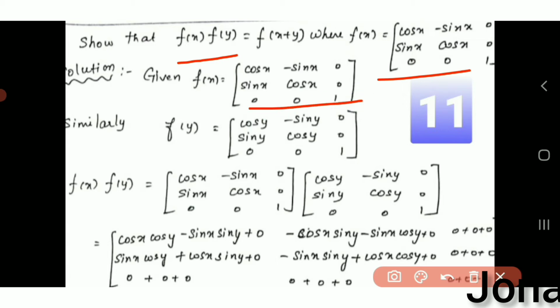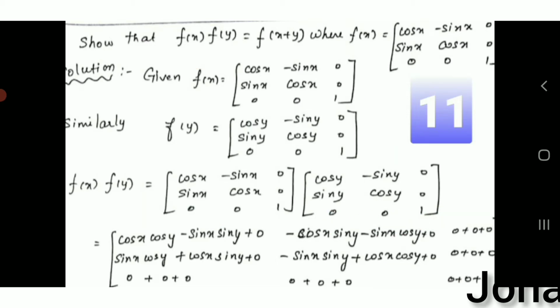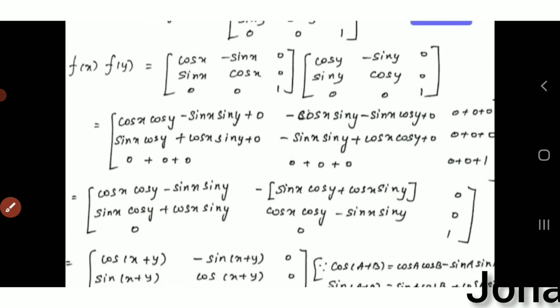So we can take the same thing as f of y equal to [cos y, -sin y, 0; sin y, cos y, 0; 0, 0, 1]. Let me find this f of x into f of y. Here this is f of x and this is f of y. So by using the matrix multiplication, we want to multiply this thing.